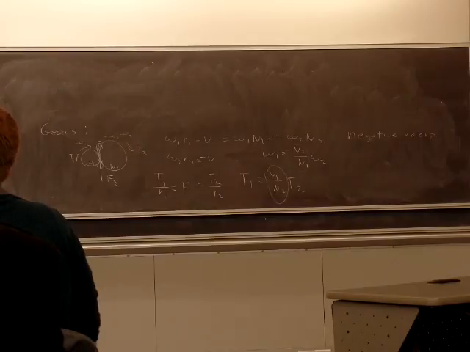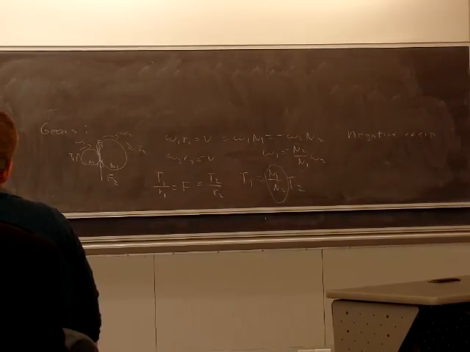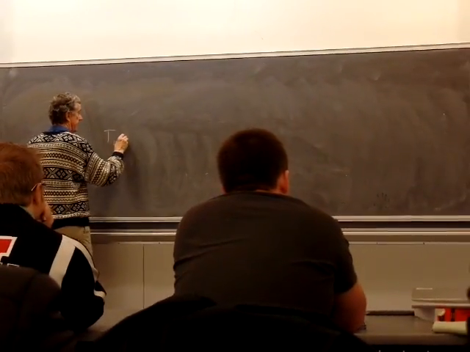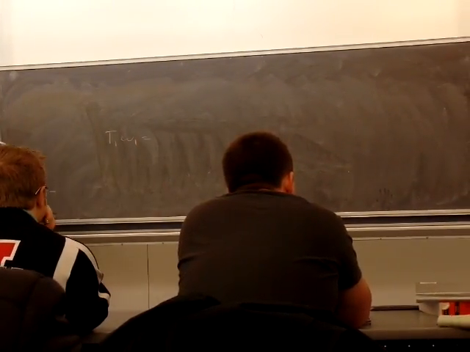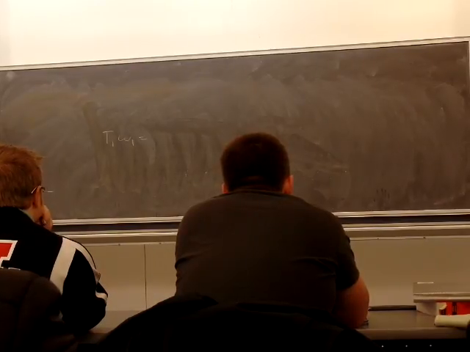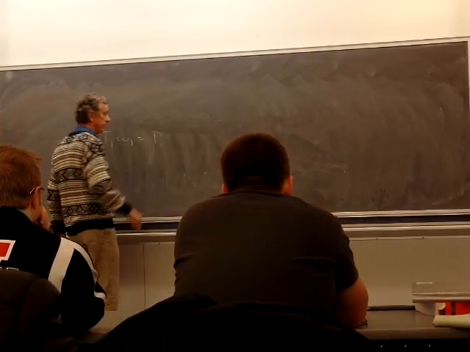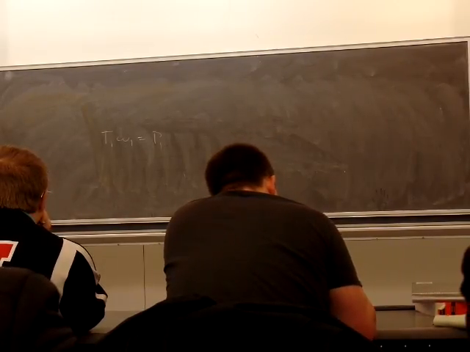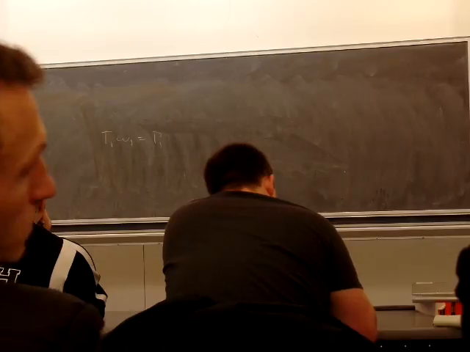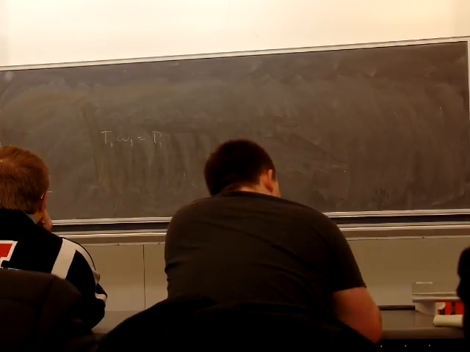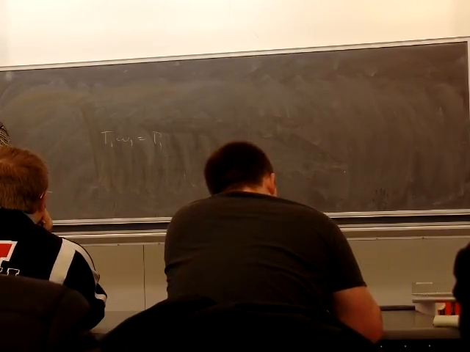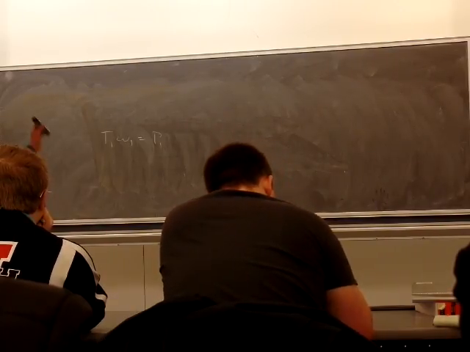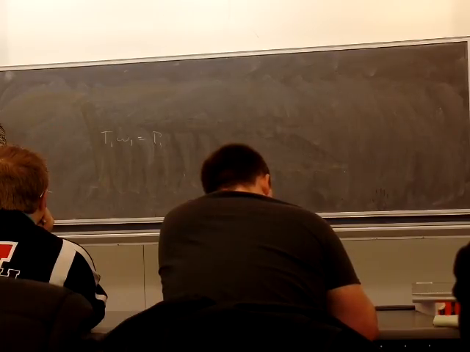It's torque times the speed, right? Torque times omega is power. Let's replace these relationships here. So, assuming this is 100% efficient, this is what? Power in gear one must be equal to power in gear two.